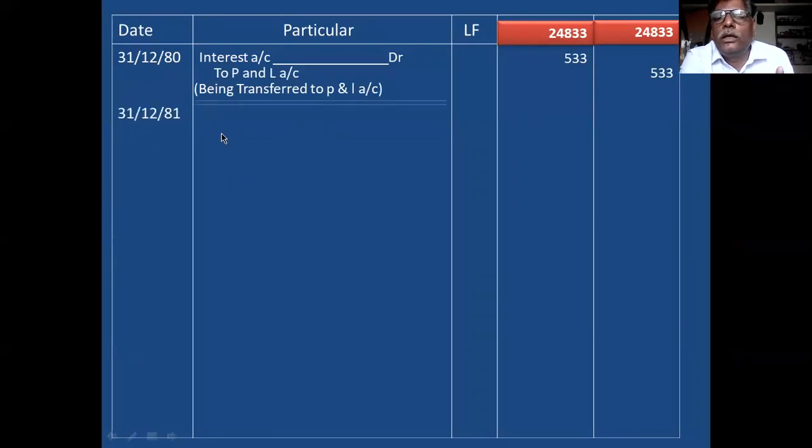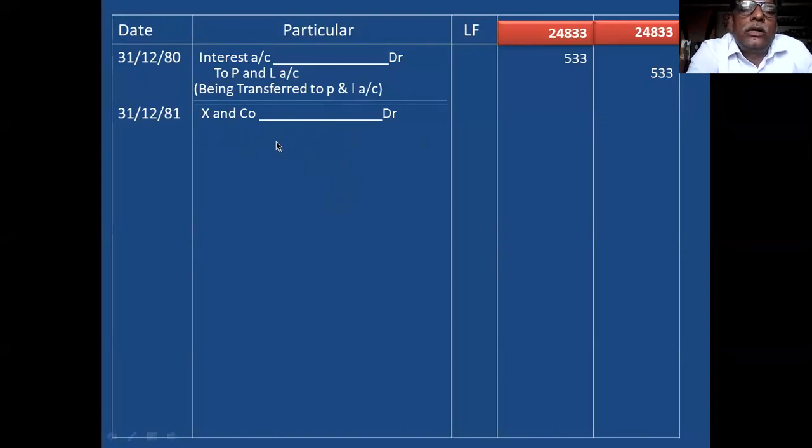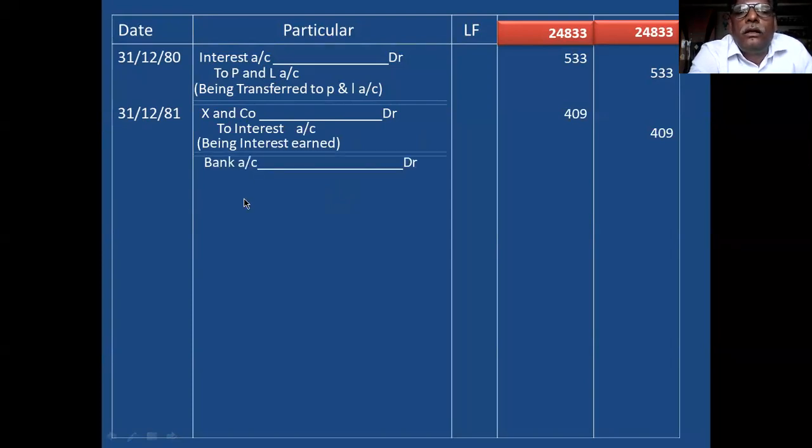In 1981, 3 entries. One entry is for interest, second entry is for receiving the installment, third entry is for transfer of interest. For interest, debtor's account debit to interest account. Asset account increases, income account increases, so interest earned 409, 409. Then the second entry is for receiving the installment.